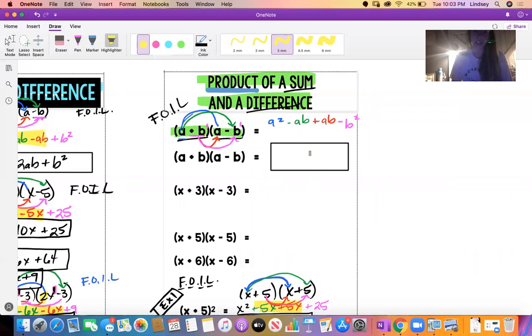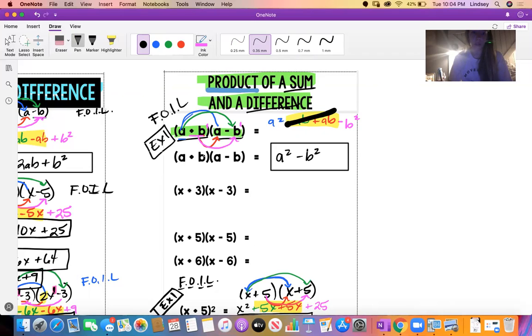All right, we have to still remember to combine our like terms. I have a positive AB plus negative AB. So what do you think will happen? They cancel. So all that I'm left with is A squared minus B squared. Okay, so that is example 1.